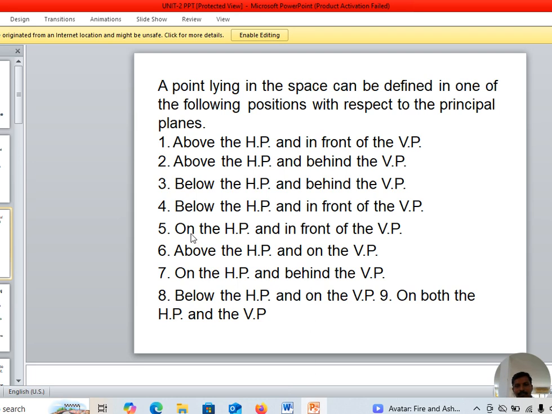The following conditions are covered. And the last ones: below the HP, on the HP and behind the VP is covered, above the HP and on the VP covered, below the HP and on the VP, and the last condition on both the HP and VP.